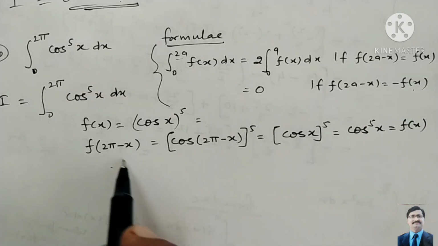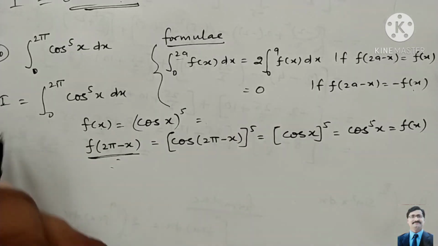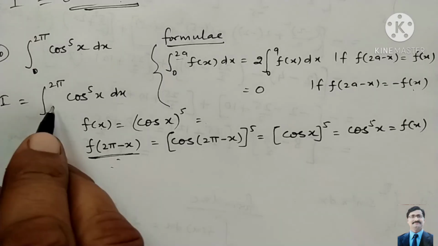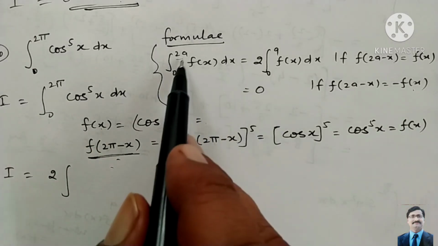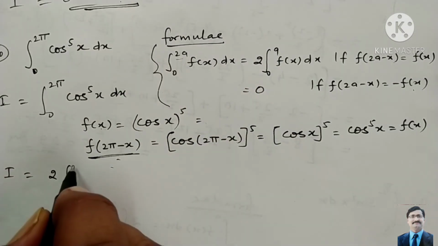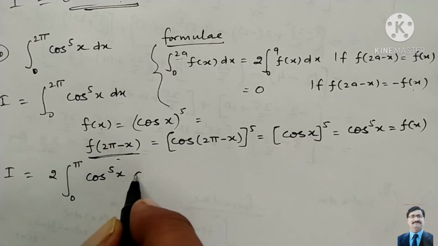So you can check that f(2π − x) equals f(x). Okay, so this integral we can write as double the integral from 0 to π only, because here, from 0 to 2π, 2a means we write 0 to a only. So here, 0 to π of cos⁵x dx.